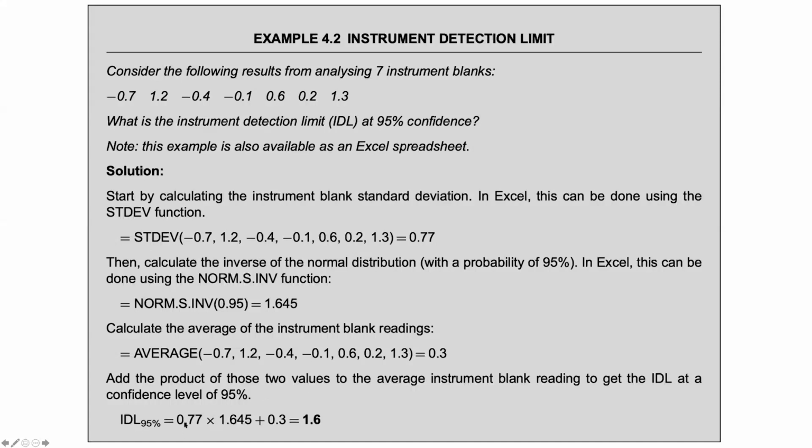And that's by taking the standard deviation, multiplying it by the inverse of the normal distribution, and then adding to that the sample average. So 0.77 times 1.645 plus 0.3 equals 1.6. That would be the instrument detection limit.